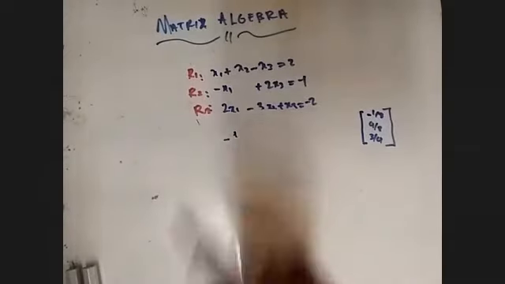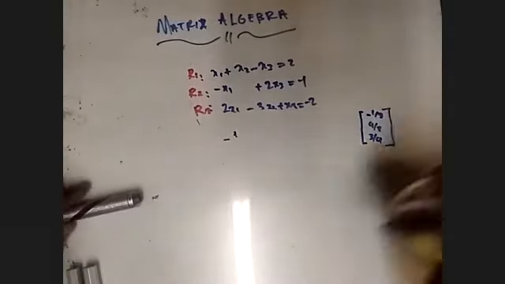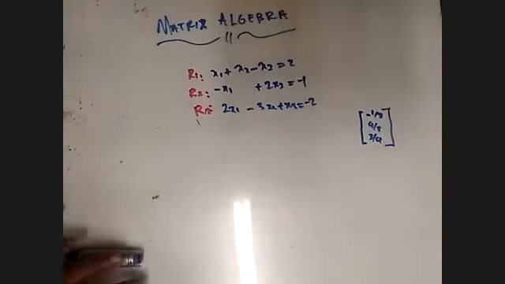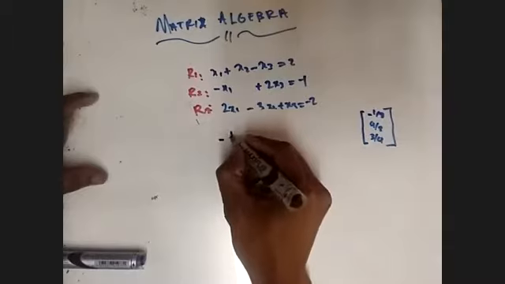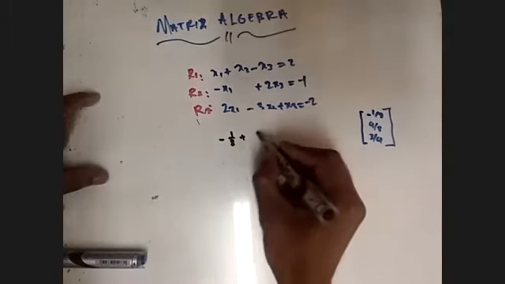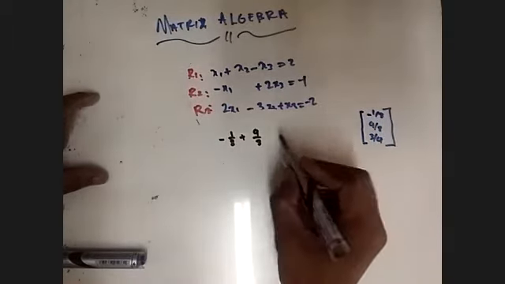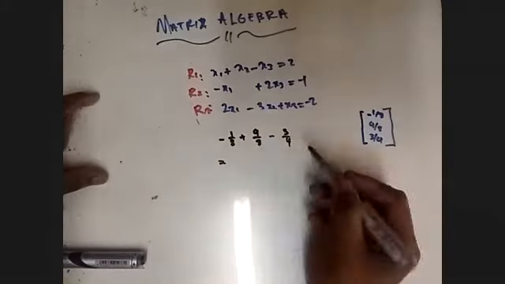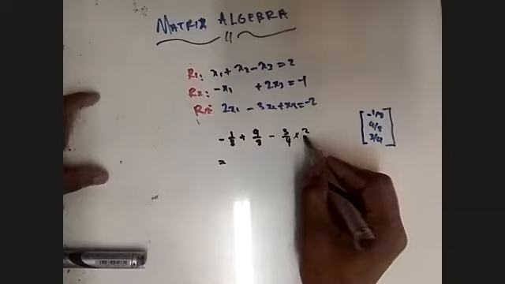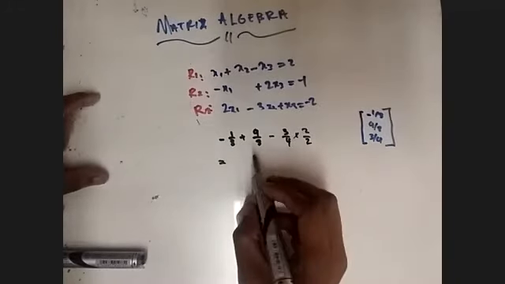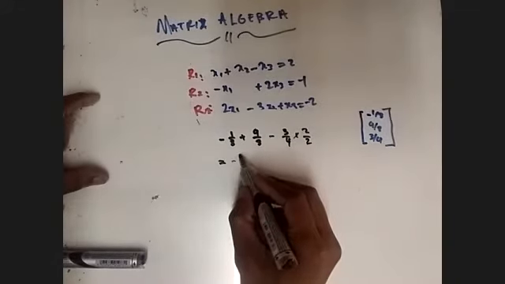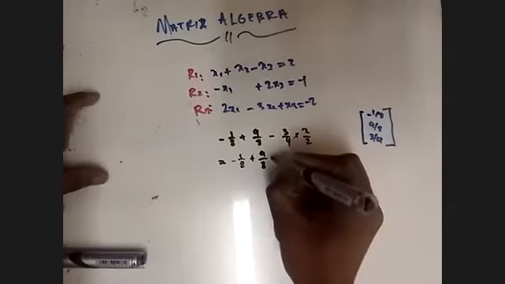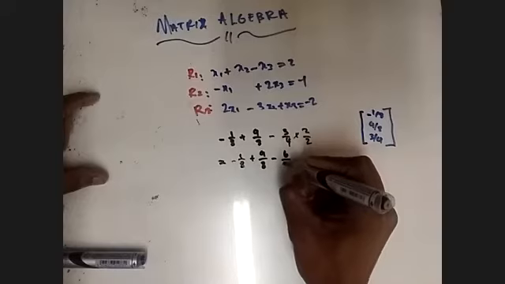Minus 1a. Okay, let me use it. It's going to be minus 1a plus 9a minus 3/4. And this gives me 2. So if I multiply this by 2, negative 1a plus 9a minus 6a.